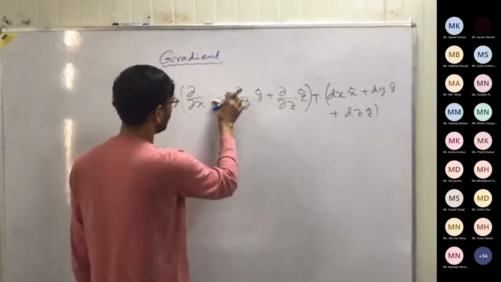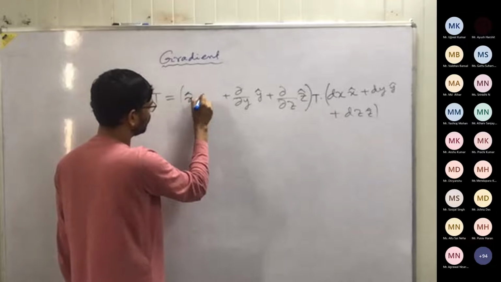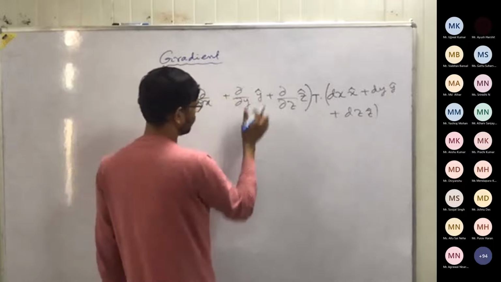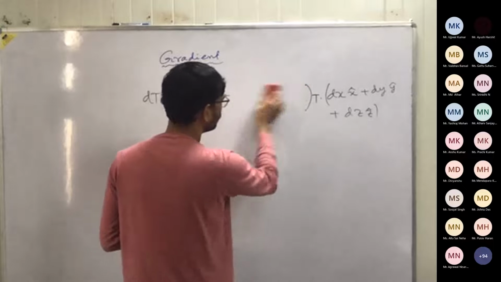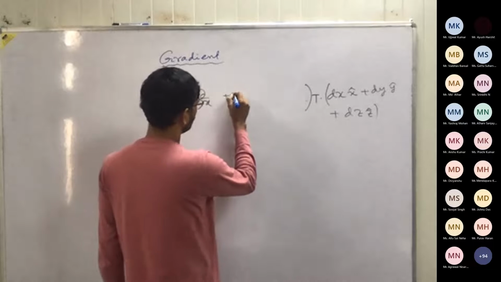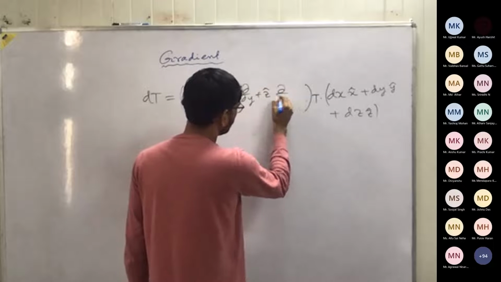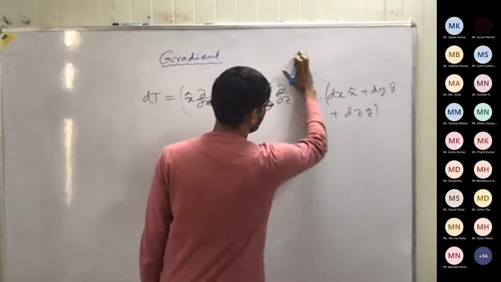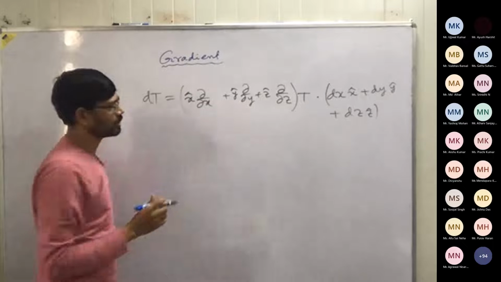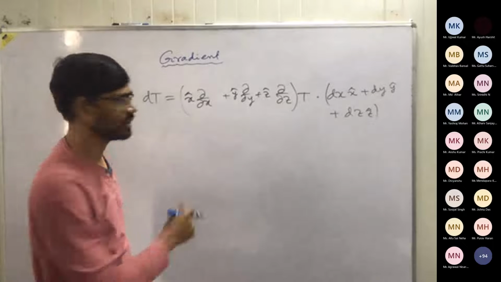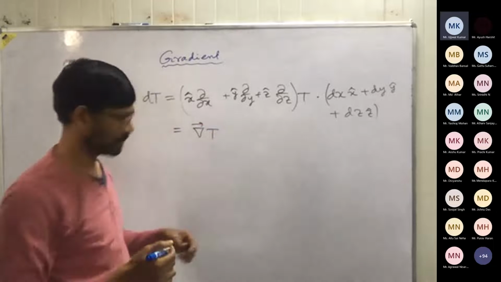Then I wrote this x cap on the left side just to avoid confusion. Now I have a lot of space. Do you agree with this, or do you have a doubt here? Sir, I have a doubt here where you put the T common.